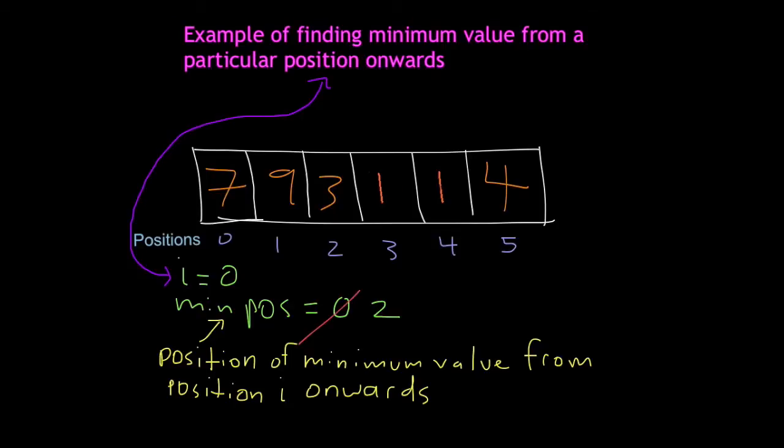It is less than the value at our min_pos, so now we change our min_pos to be position 3. Now we look at the value at position 4. It is equal to the value at our min_pos, so we don't change the min_pos. Last, we look at the value at position 5. It is greater than the value at our min_pos, so we don't do anything. And thus, we found the minimum value at position 3.